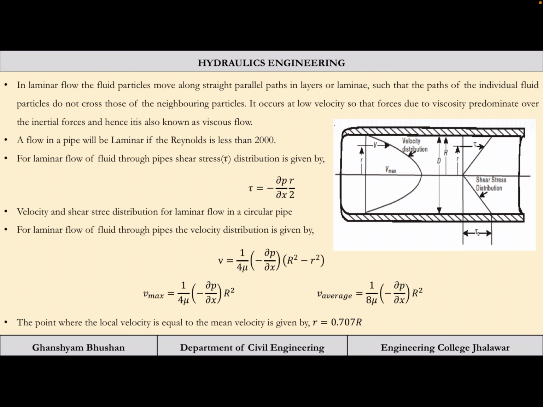So in laminar flow, you can assume that you are sitting in a class and there are queues, and the teacher instructs every row to go parallel to each other. Let us say there are 6 rows, and in each row 10 students are sitting, and they will stand and cross the door in 6 lines.